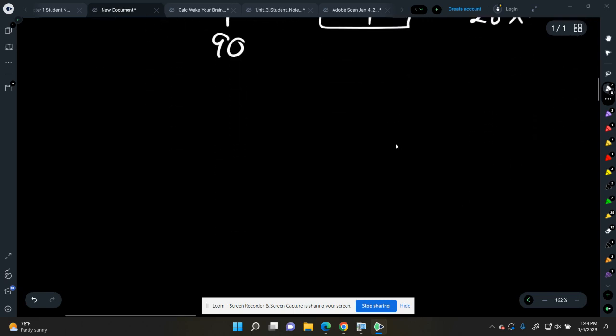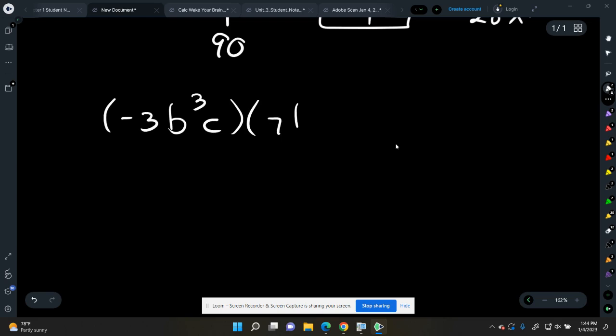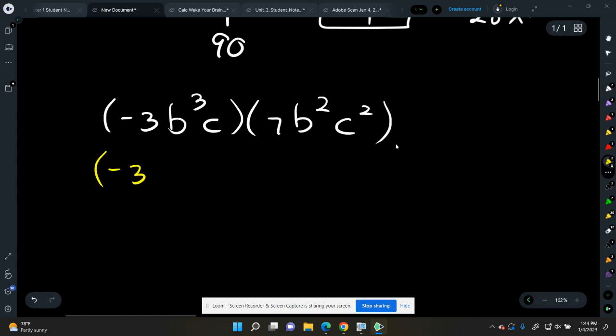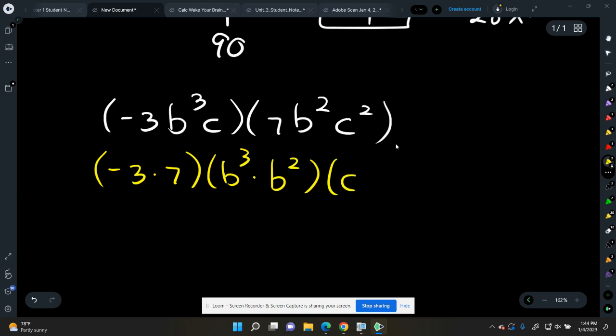Okay, number 6, negative 3 b to the 3rd times c times 7 b squared c squared. So we're going to do the same thing again. We're going to put our like terms together. Negative 3 times 7, b to the 3rd times b squared, c times c squared.